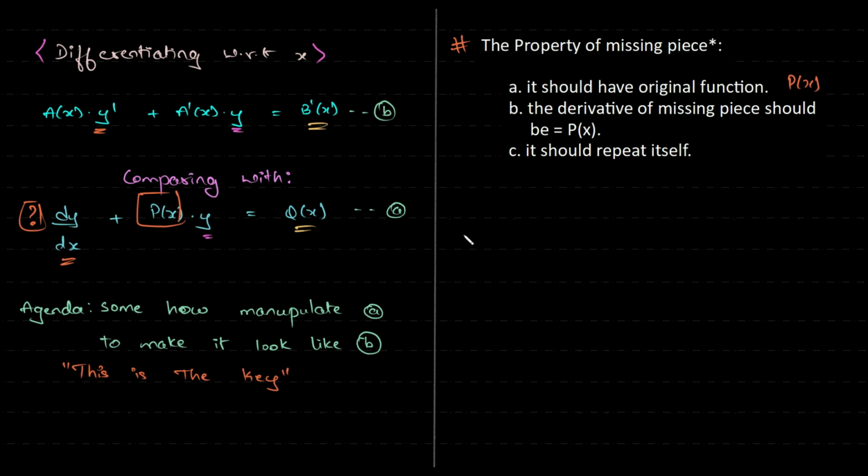It should repeat itself on differentiation. Now, which particular function satisfies this? Forget about that, I'll keep it short. Which function on differentiating repeats itself? Yes, e to the power of x.